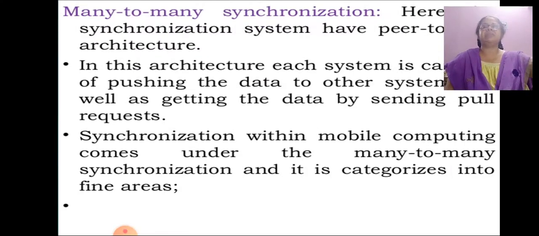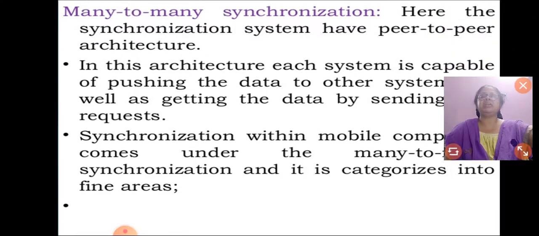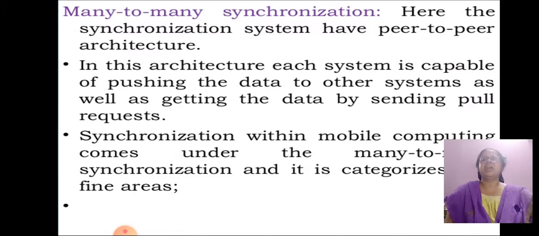The second type is many-to-many synchronization. Here the synchronization system has a peer-to-peer architecture. In this architecture, each system is capable of pushing the data to another system as well as getting the data by sending a pull request.